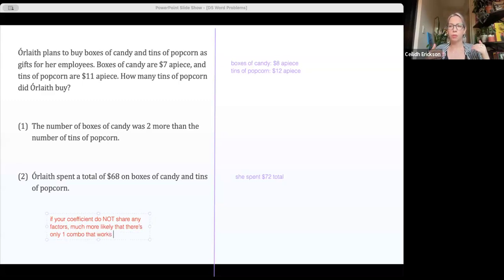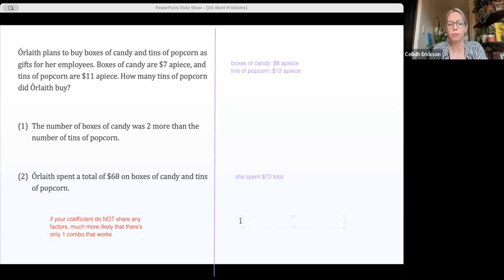Because it would take many more multiples thereof. I mean, if the total was something giant, if the total was in the thousands, okay, maybe there's a chance that they overlap. But if your coefficients are 7 and 11, these are both primes, there's a really good chance that there's only one combo, one total that fits those in this integer constraint case.